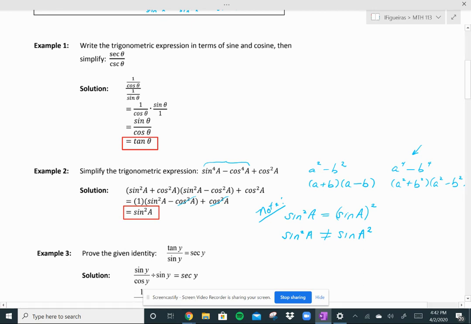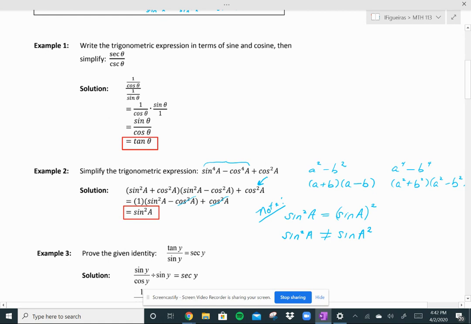So we're going to apply this second formula here on the right to my expression. So when you factor the first two terms as the difference of perfect squares, you get this right here. The sine squared of a plus the cosine squared of a times sine squared of a minus cosine squared of a. And then outside of those two factors is the last term, which just gets brought down. That's cosine squared of a.